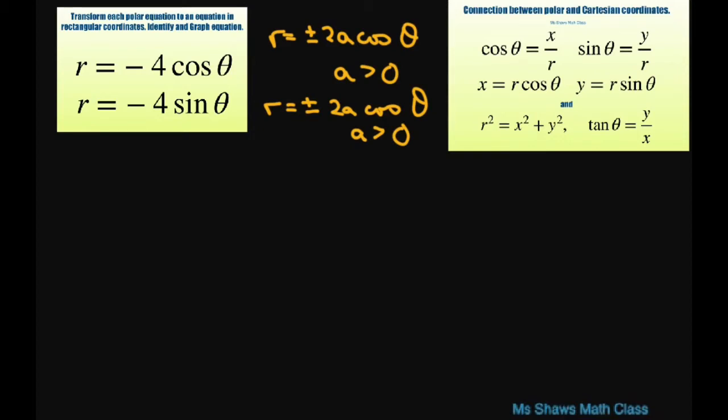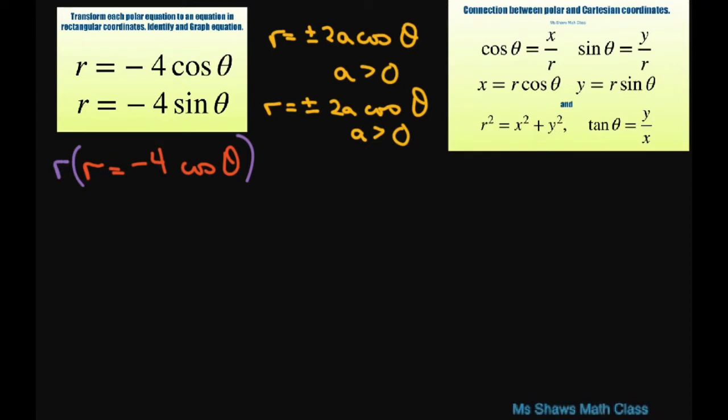So first, let's write the equation in rectangular coordinates. For the first one, we have r equals negative 4 cosine of theta. Now let's multiply through by r.